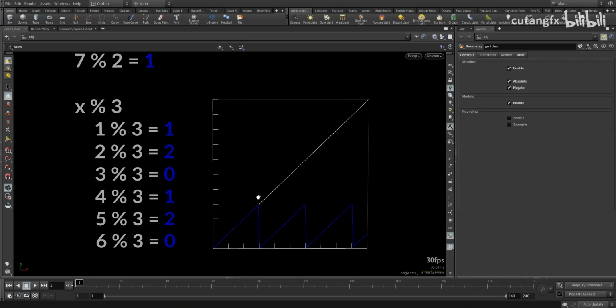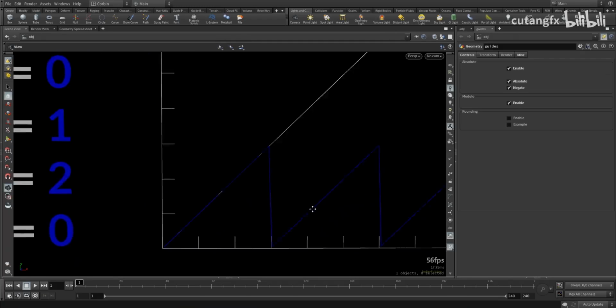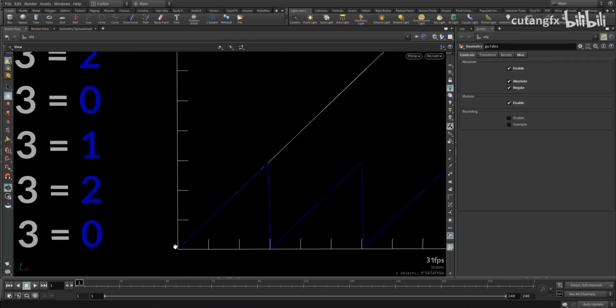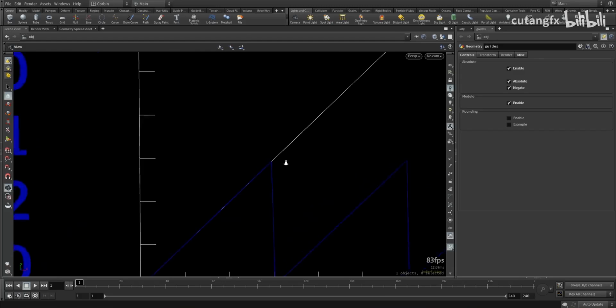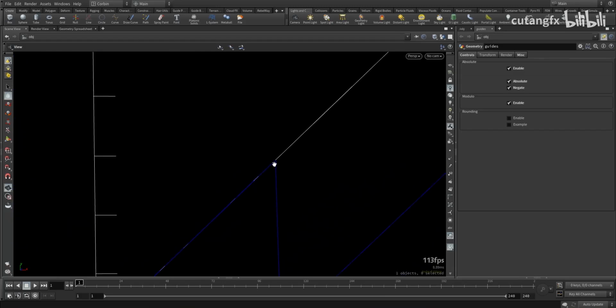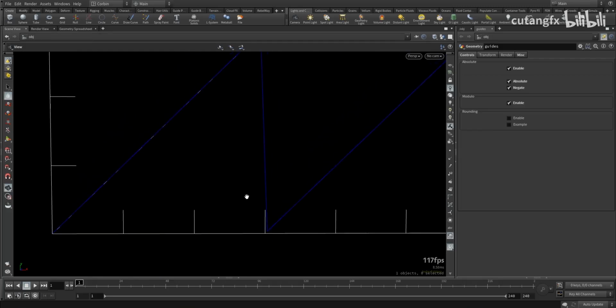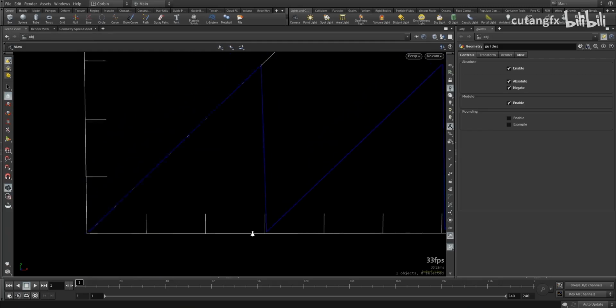Okay. So it's just important to point out here in my number graph, by the way, that it goes 0, 1, 2, and then it looks like it reaches 3 here, but it actually doesn't. It's just the way that this graph is going, that it's increasing linearly until the second it actually hits 3, it becomes 0. So 3 is at 0.